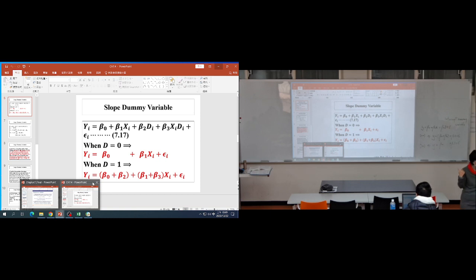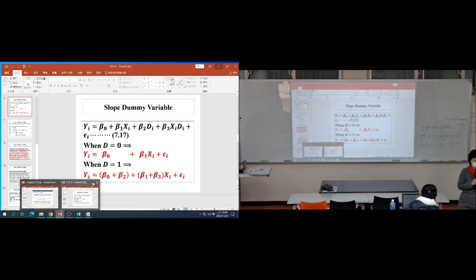Okay, this is really a structural change, right? So it's worthy to study using slope dummy variables. Okay, this is a very useful tool for the study.